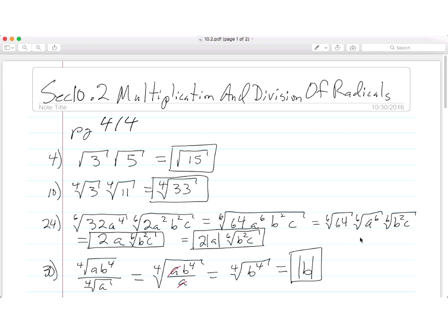The nth root of a to the n, when n is odd, will just be equal to a. But if you have an even index, which in this case is 6, when you take the 6th root of a to the 6, you actually get the absolute value. So unless we specify that the variables are non-negative, then we really need to put in an absolute value here.